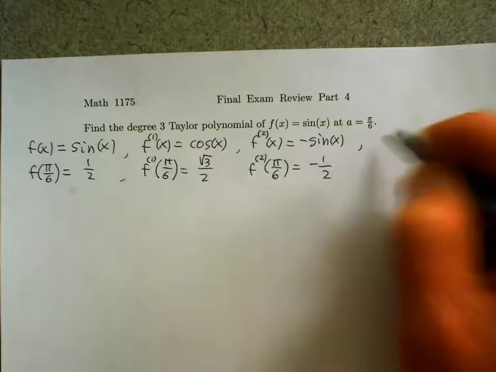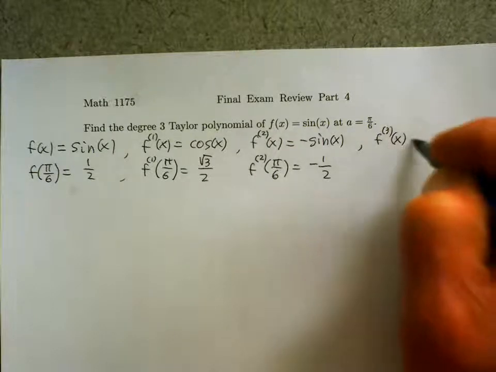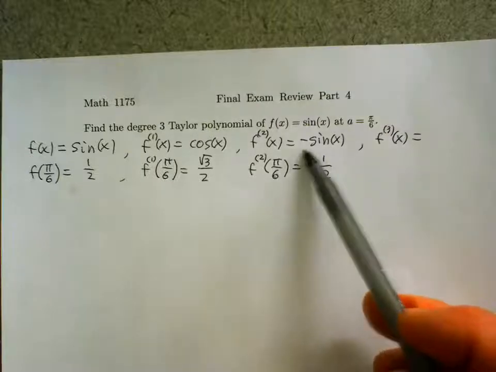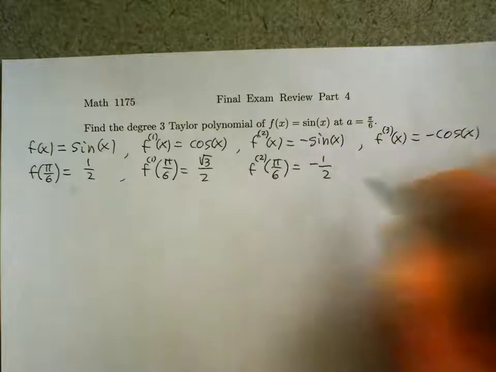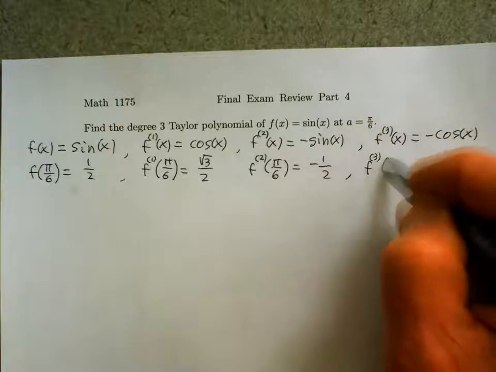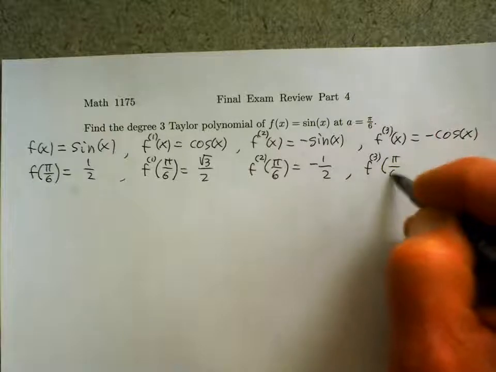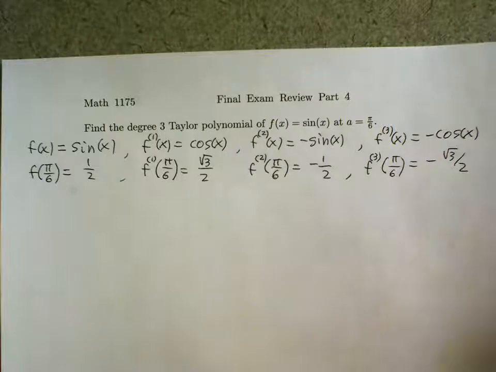And then finally, the third derivative: the derivative of negative sine of x is negative cosine of x. And then the third derivative evaluated at pi over 6 is negative square root of 3 over 2.